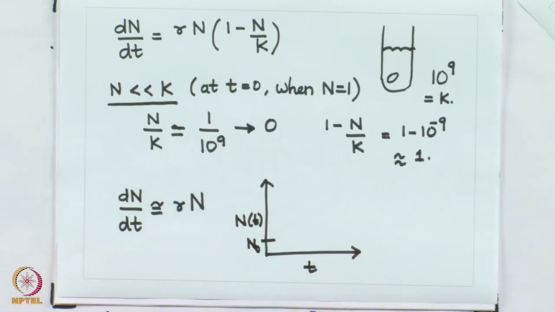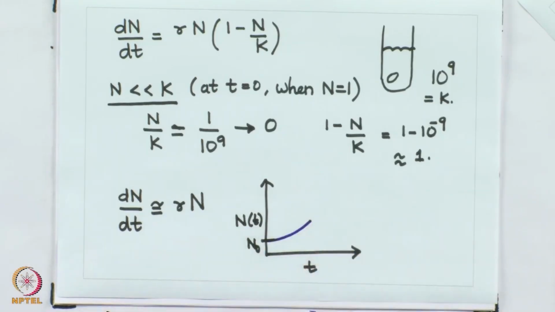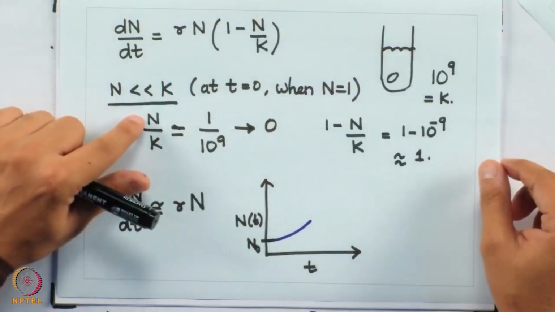We know that the solution of this equation is an exponential increase in numbers like this. But the trick here is to realize that this solution is only valid under the condition under which we developed it, and that condition is when N is much less than K.